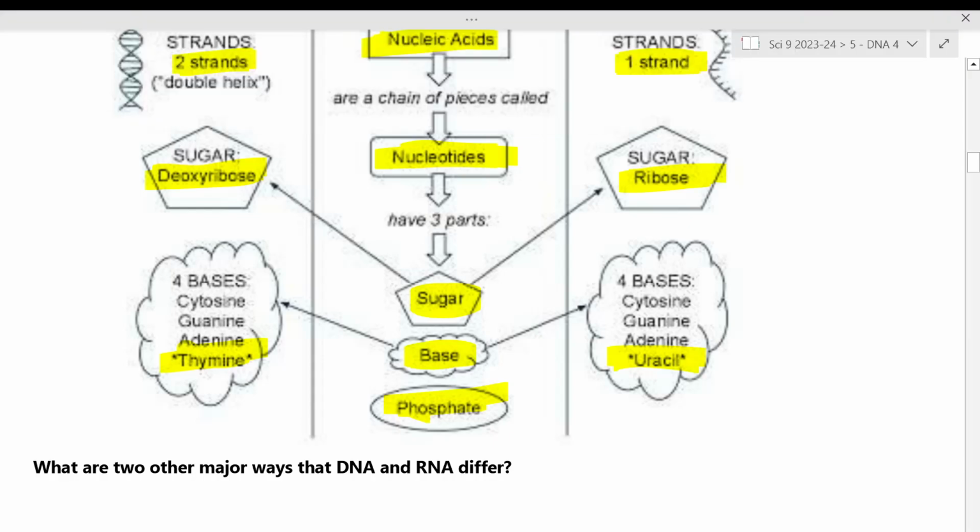Looking at that little chart there, what are 2 other major ways that DNA and RNA differ? There's 2 things that are missing from that little chart. See if you can figure them out. What are the 2 differences between DNA and RNA that are missing from that chart?